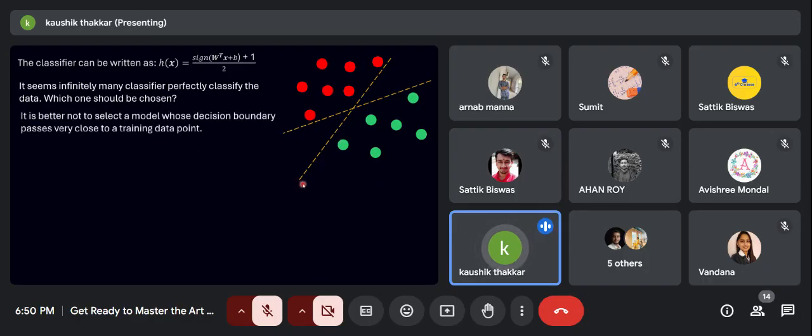It's better not to select a model whose decision boundary passes very close to a training point. You see, these decision boundaries are basically passing very close to training sets, right? And again, the training set that we have at hand is basically a part of the entire population, right? So for different persons, having a different training set with slightly different examples might have a green point here as well, might have a red point here as well.